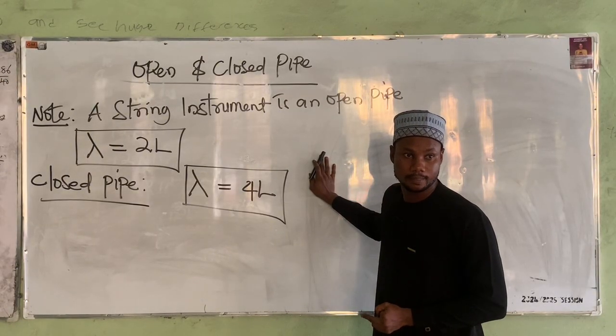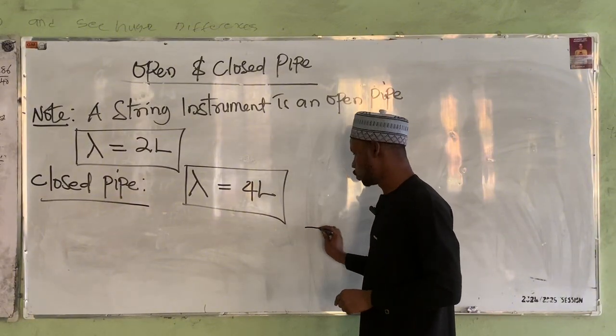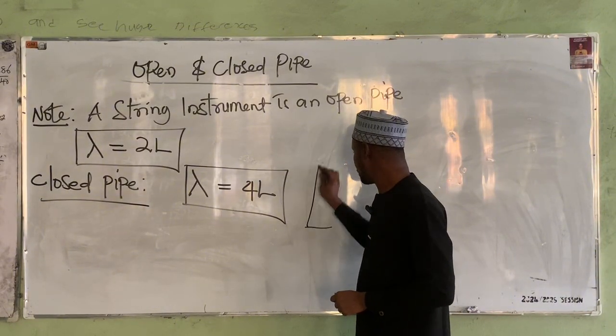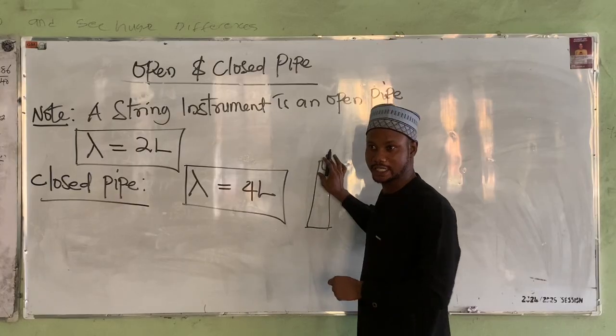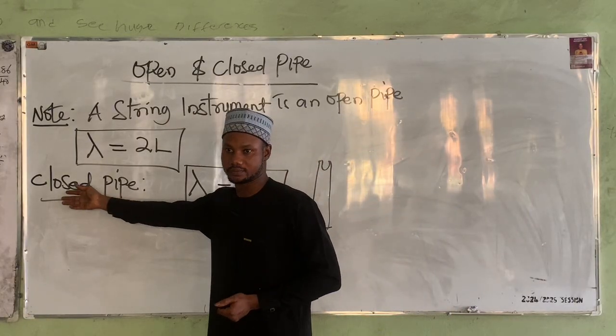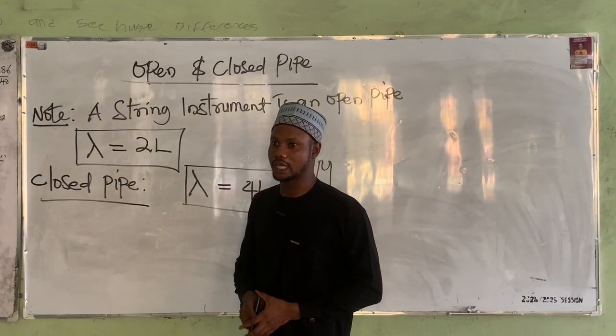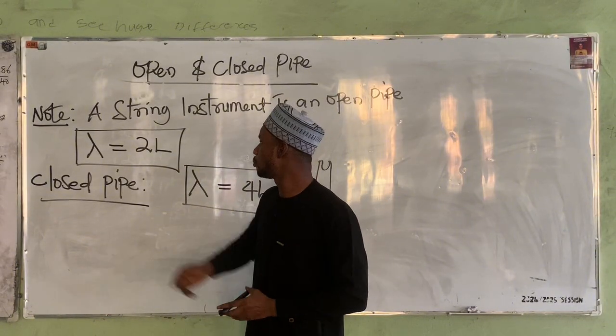You know what an empty bottle is, right? One part is closed, am I correct? While the top is what? Open. Do you get that? So an empty bottle is classified as what? A closed pipe, okay?